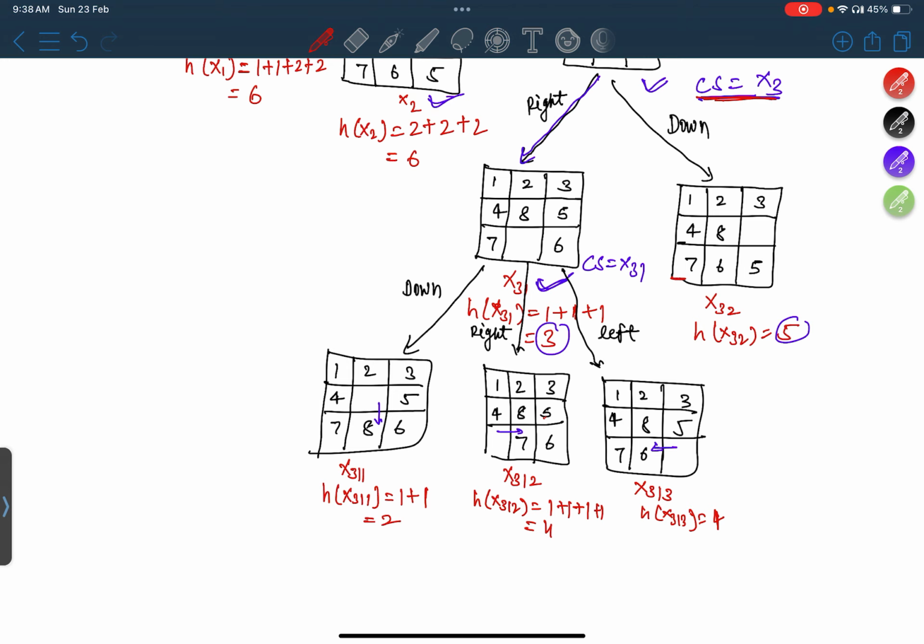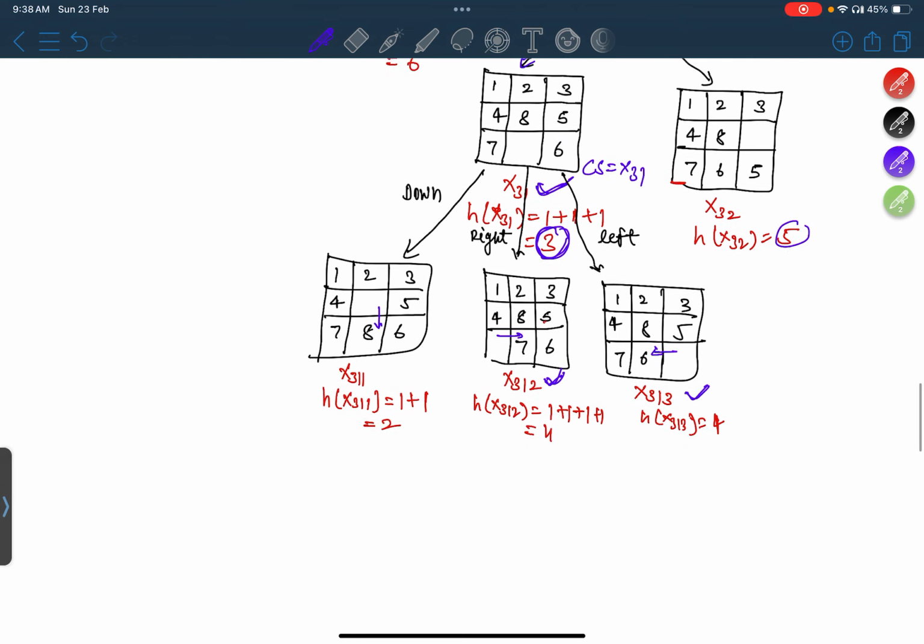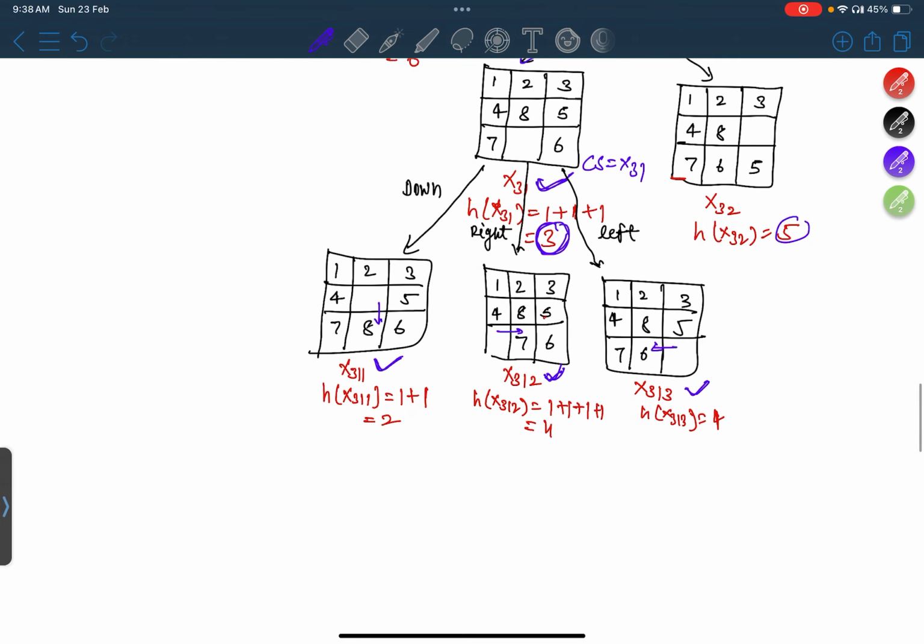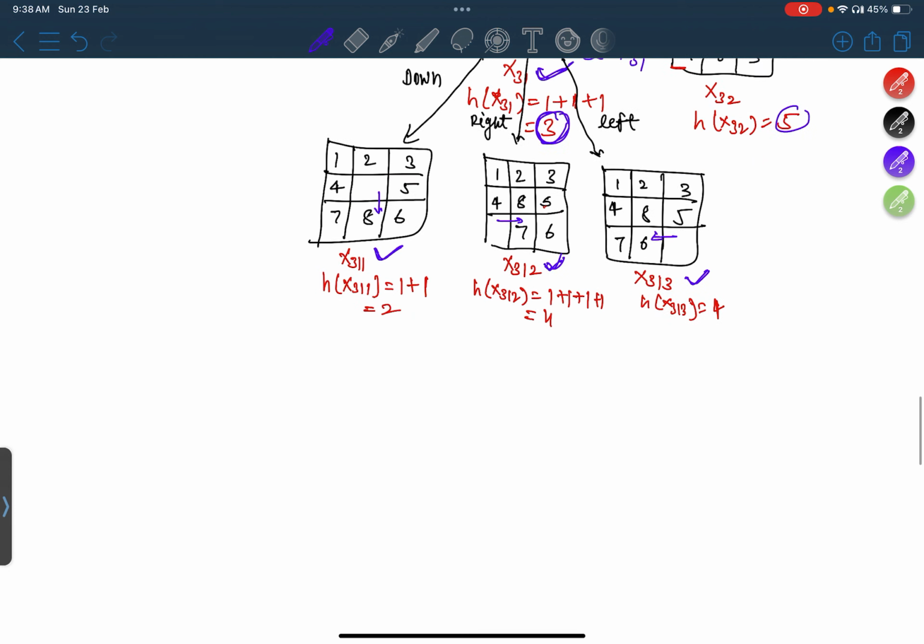So these two are cancelled because यहाँ पे इसके लिए वैल्यू कितना था 3 और इनके लिए वैल्यू कितना आ रहा 4. तो will not consider those, we'll consider only one. And let's consider this one itself. So now this will become, current state will become as 311.